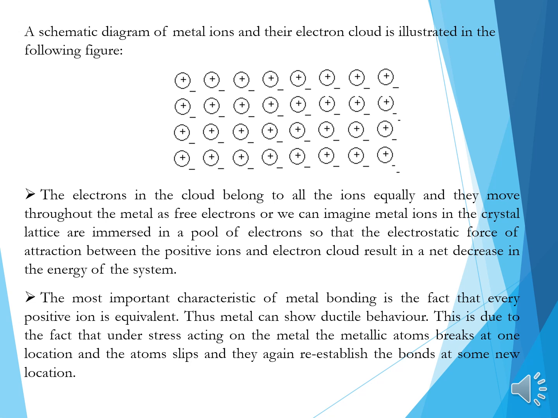The most important characteristic of metallic bonding is that every positive ion is equivalent. Thus, metal can show ductile behavior. This is due to the fact that under stress acting on the metal, the metallic atoms break at one location and slip, and they again re-establish the bonds at some new location.